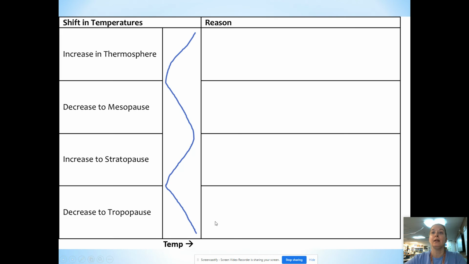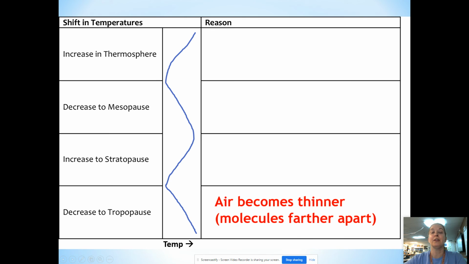Here is a super official graph of temperature as you go up. We're going to start at the bottom. Air is fairly thin down here where we are, and temperature is warm. The molecules are further apart. As you go up through the troposphere, it gets colder.